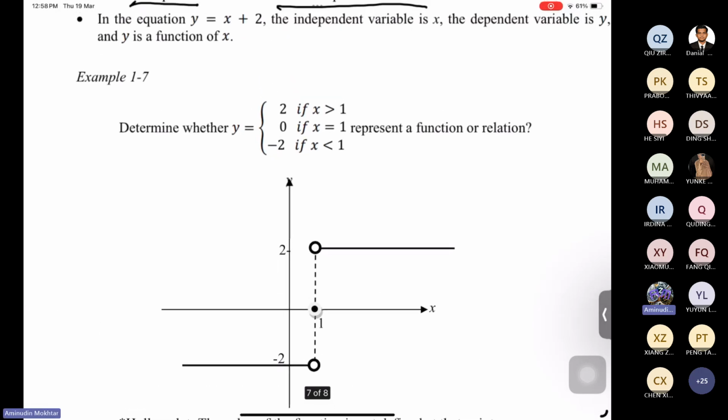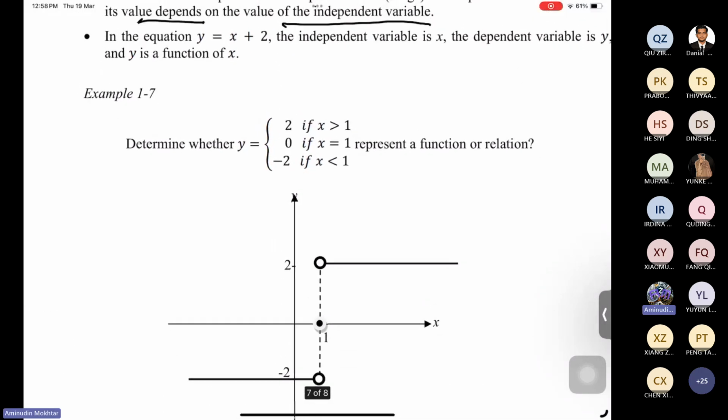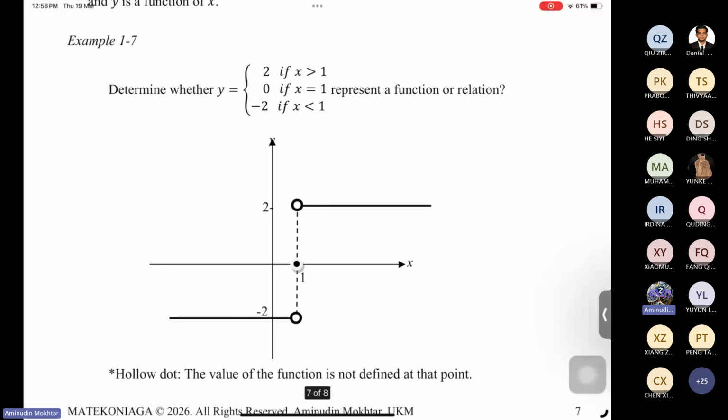Okay, the last one for today is about example 1.7. I would like to explain about the hollow dot, the white dot.